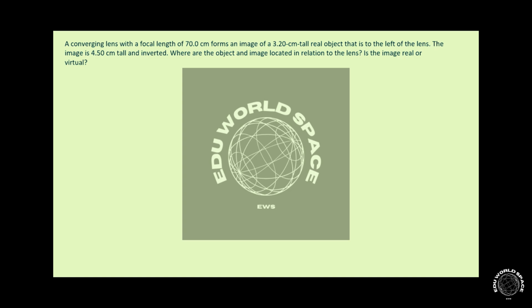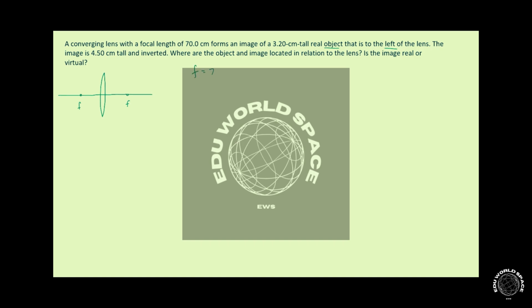In this question, we are given some information about the object and image for a converging lens of known focal length, and we are asked to find the object and image distances. So the first thing to note here, we have a real object to the left of the lens. We'll sketch in a thin lens, and we're going to sketch in a focal length on each side.